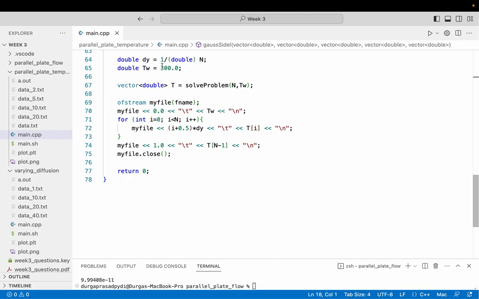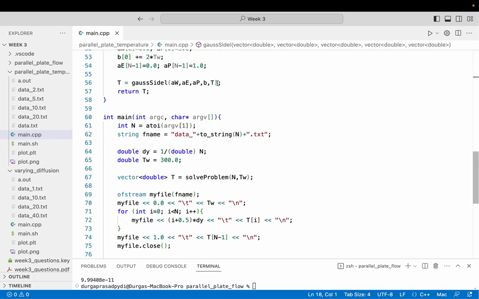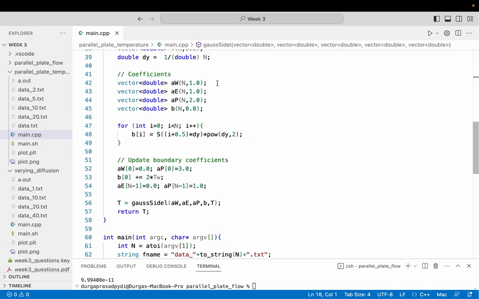This is the initial temperature that I am giving as 300 Kelvin, and then in the solver you again define the coefficients. So AW is essentially always 1, AE is 1 and AP is 2. Only on the boundaries do these things change.